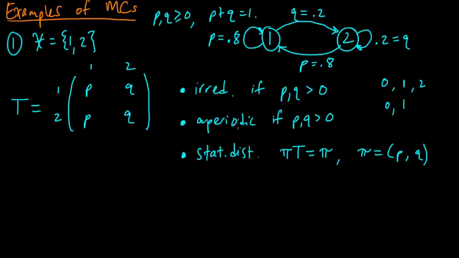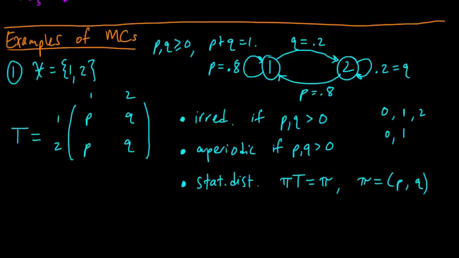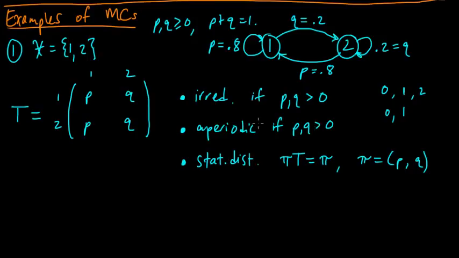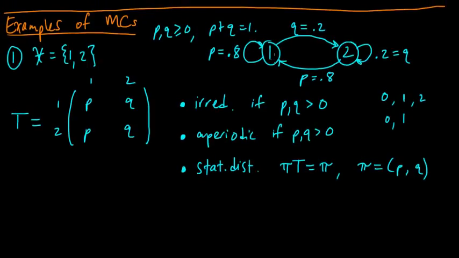Okay, so one other thing I would like to mention here is that for aperiodicity, I told you one little trick you can use, which is if you have two consecutive times. Another trick you can use, which turns out to be very handy when you have a larger set of states, is that aperiodicity only needs to be checked for one of the states when the chain is irreducible.